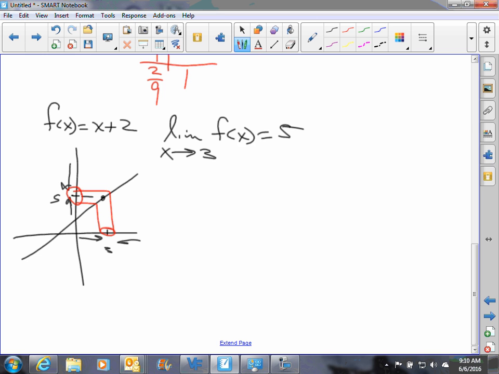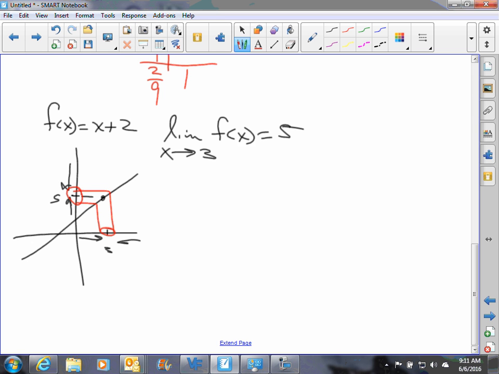And if for every radius you give me around 5, I can find a radius around x so that all of my values map inside there, then we say that the value at the center of the radiuses you're giving me is actually the limit. Now, a couple of things about this. These have to be open intervals. In other words, the endpoints are not included. So to get the radius around 5, there have to be some values at least on each side of 5.